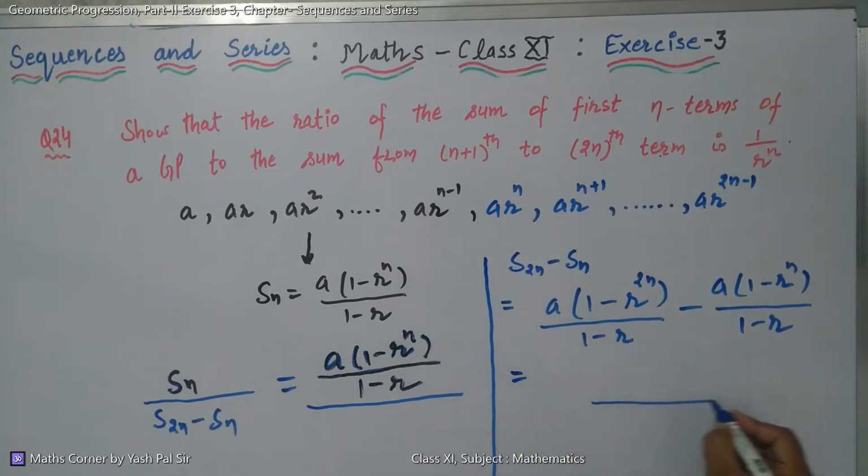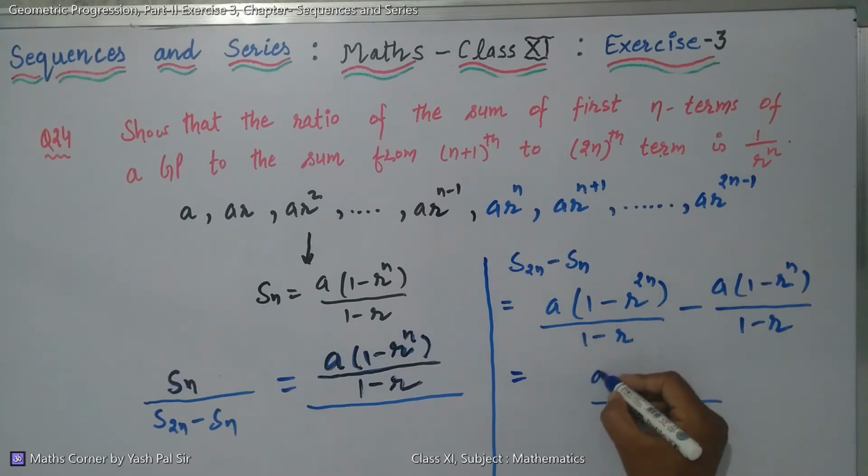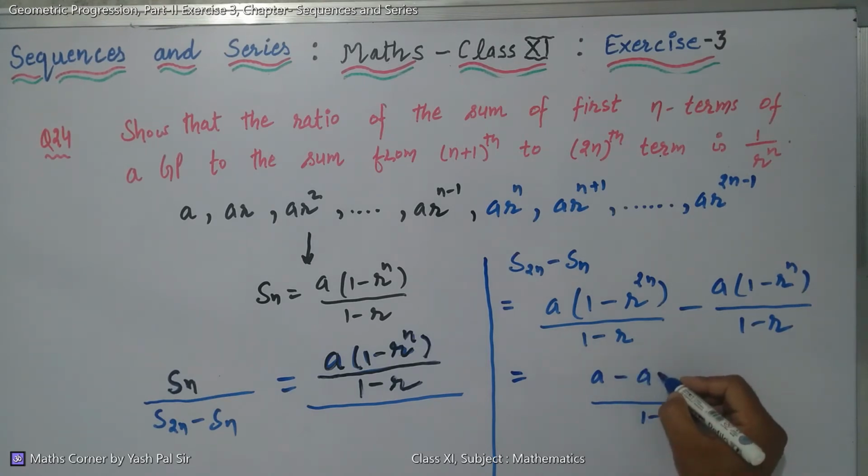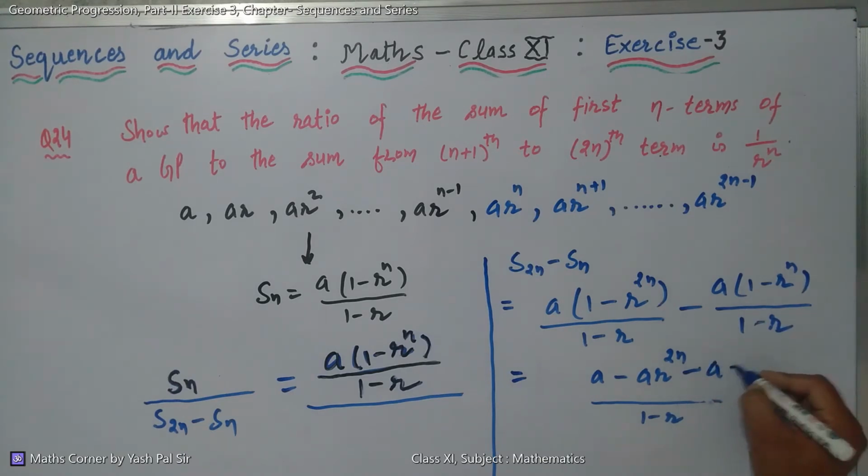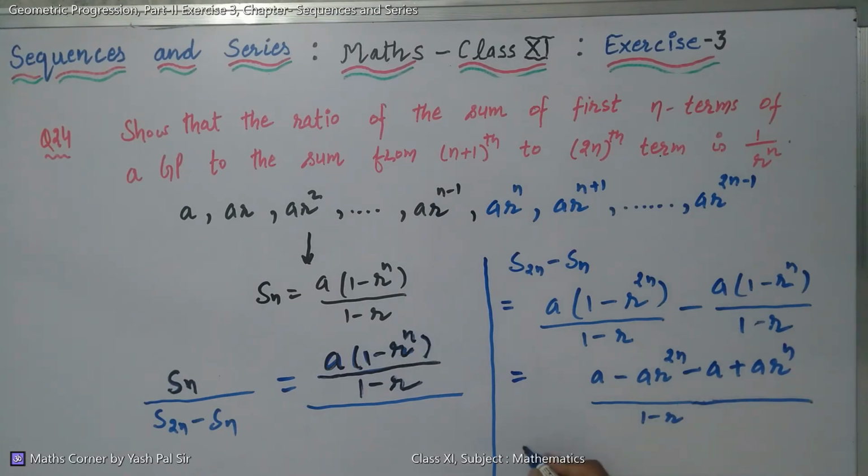LCM is 1 minus R, and A minus A into R raised to power 2n minus A plus A into R raised to power n. So A and A cancelled. So what we are left with? Minus A R raised to power 2n plus A R raised to power n, divided by 1 minus R.